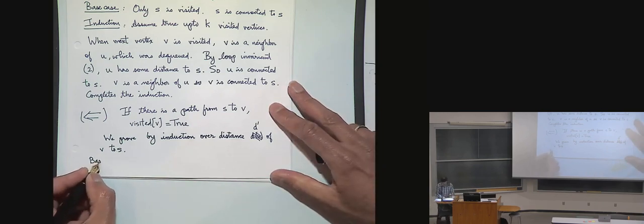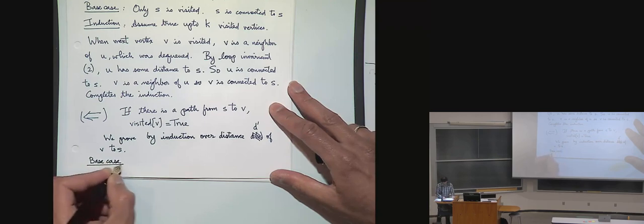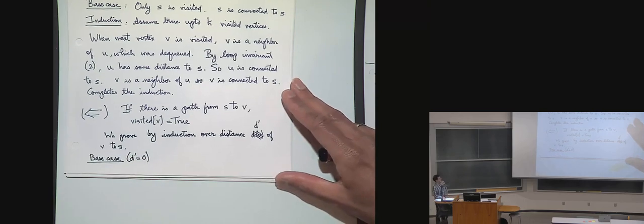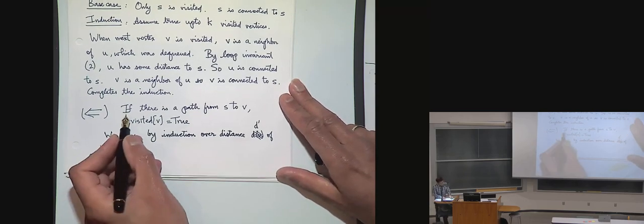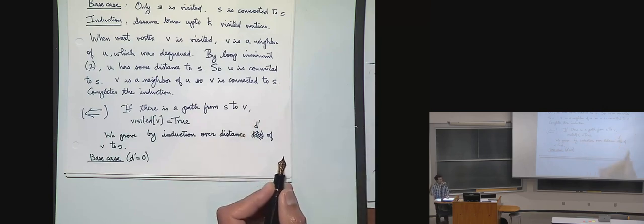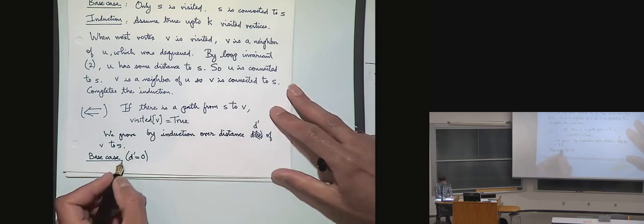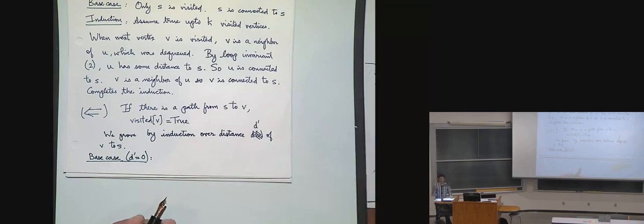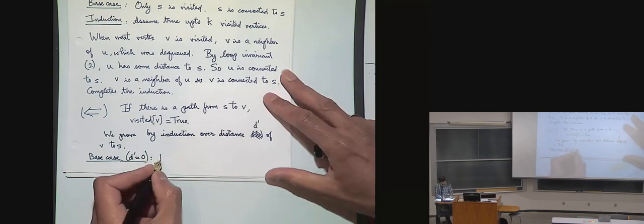So the base case is D prime is equal to 0. So we have to prove this statement for everything whose distance is 0. There is only one vertex whose distance is 0, which is S, and we know that visited S is true, right?